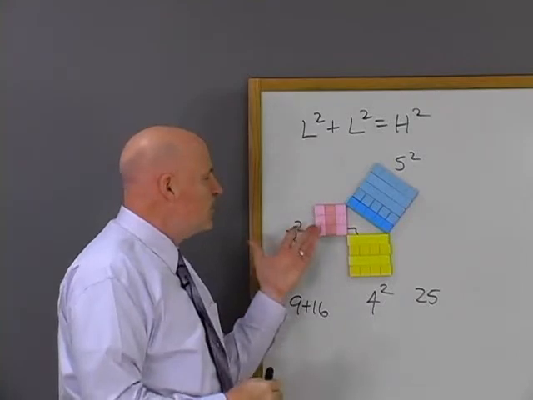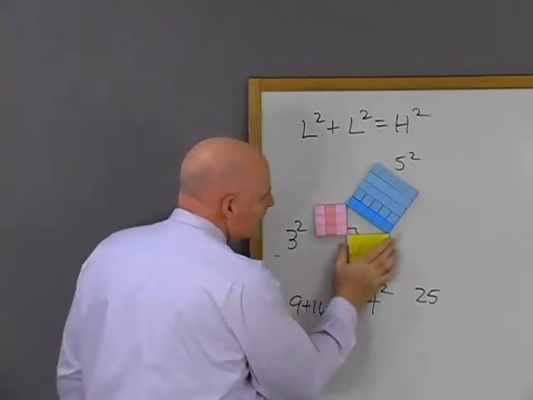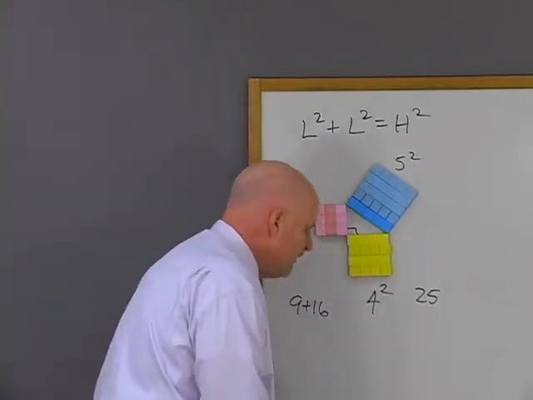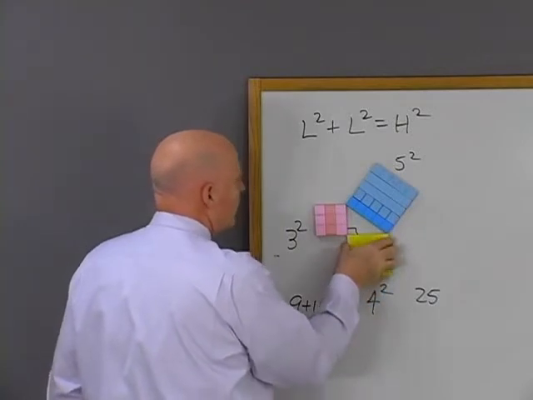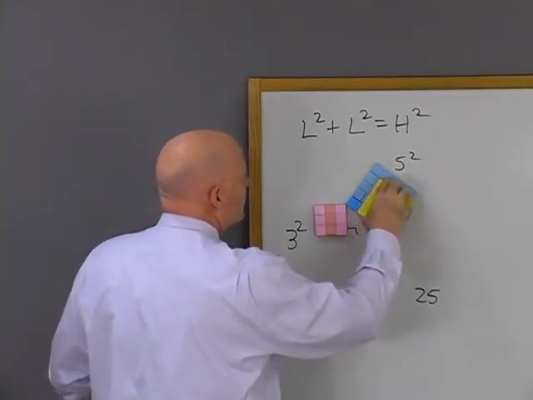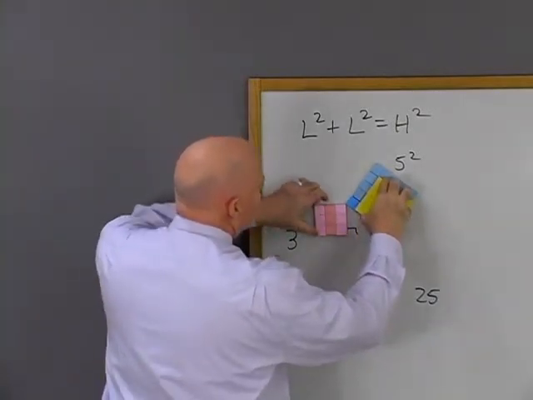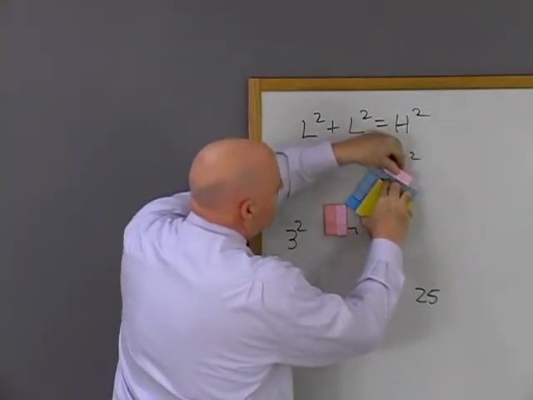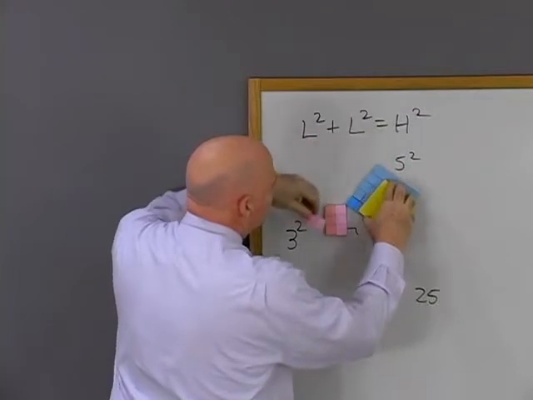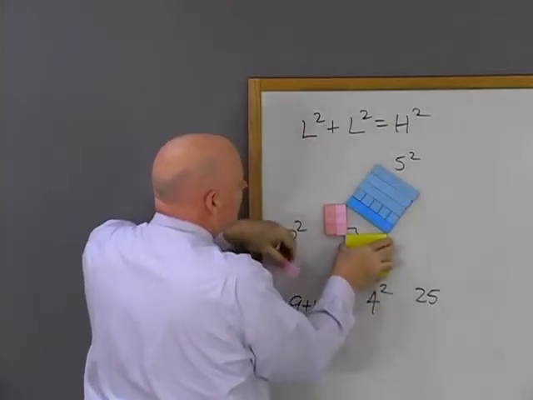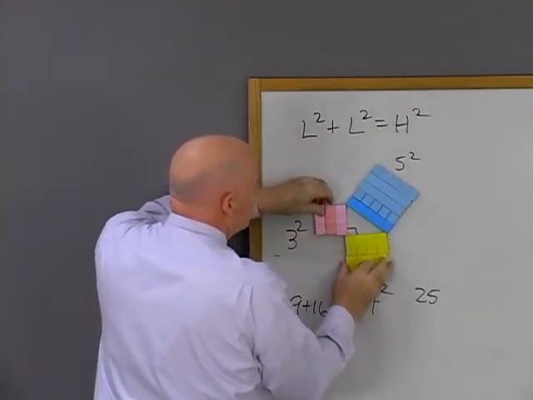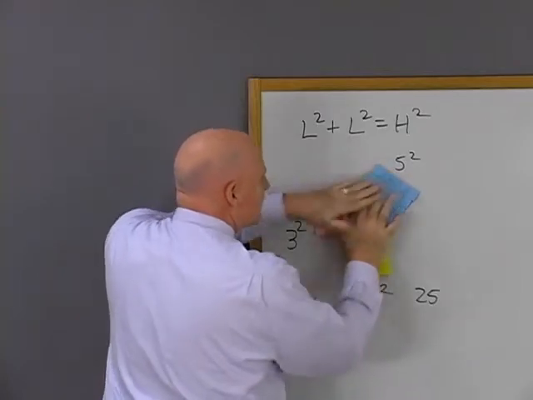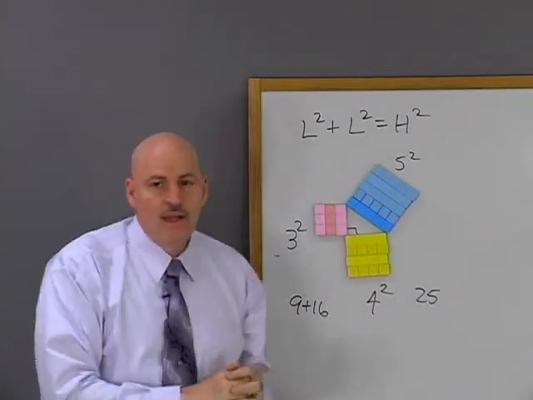And this is how we show it. If you put these 16 on top of this, you could put a 3 here, a 3 over there, and you'd have 1, 2, 3 left. So it turns out that 3 squared plus 4 squared is the same as 5 squared, okay?